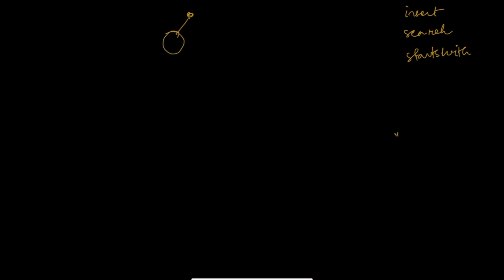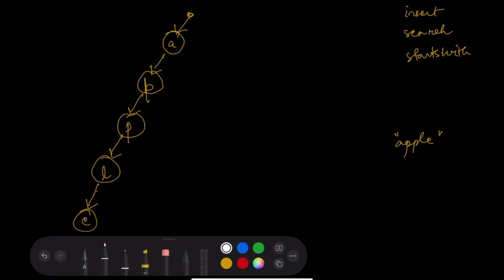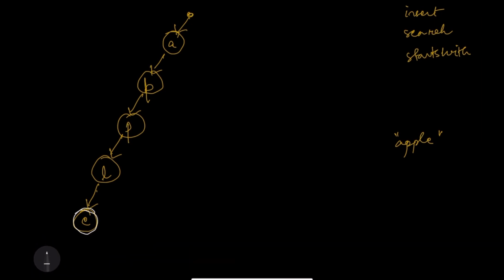So if we are having to insert apple, we will insert it like this. We will insert A, then we will have another child node to insert P, then another one to insert another P, then L, then E. So we will in the end keep track of our end character.